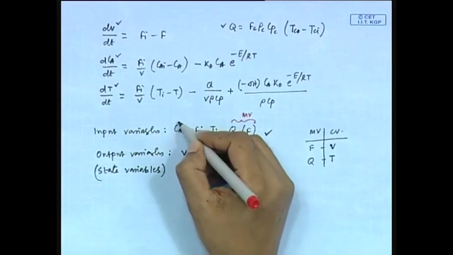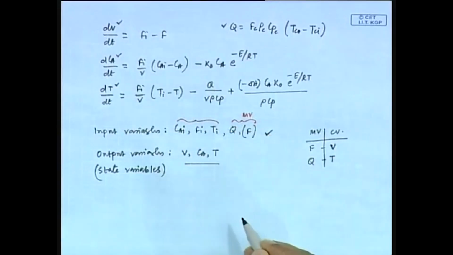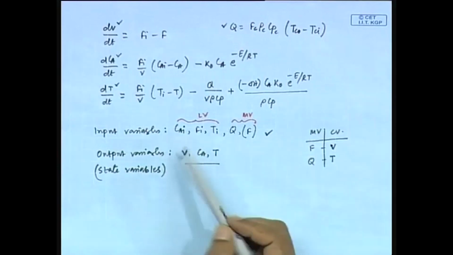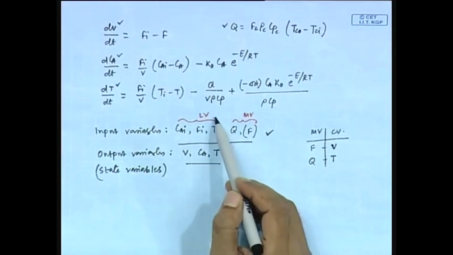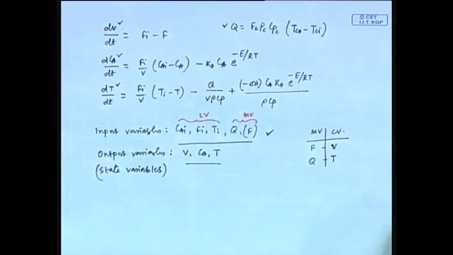Fine. So, the rest of the input variables are load variables or disturbance variables. Among these 5 input variables, 2 are manipulated variables and the other 3 are load variables. So, this is the development of the model structure for the example CSTR, and we have seen the different variables which are involved in it.